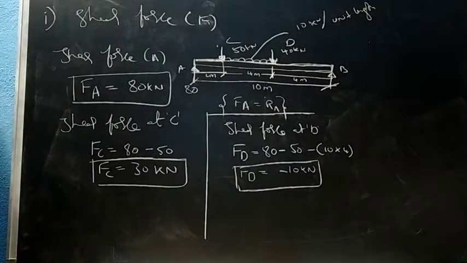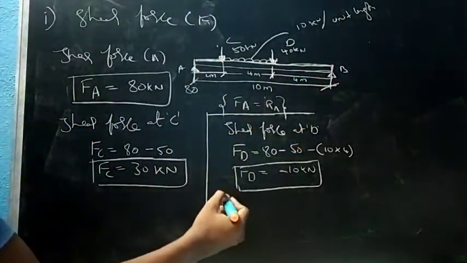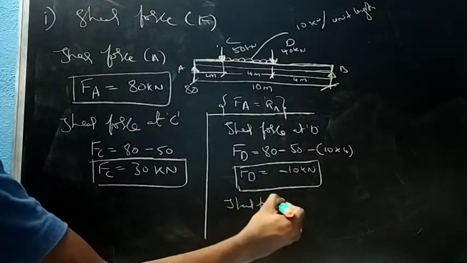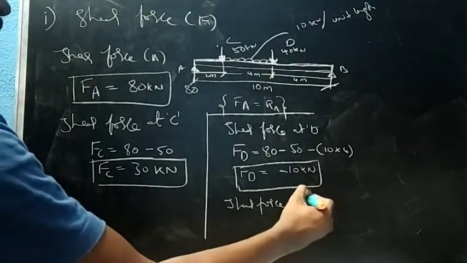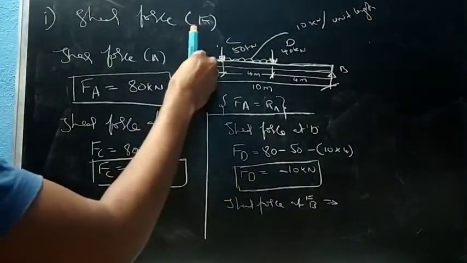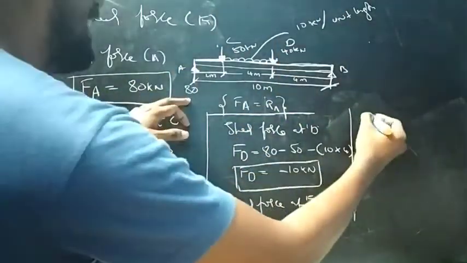So now at B, shear force at B equals to, that is FB. So we can write all the way from left to right. So what are there at left? That is 80.